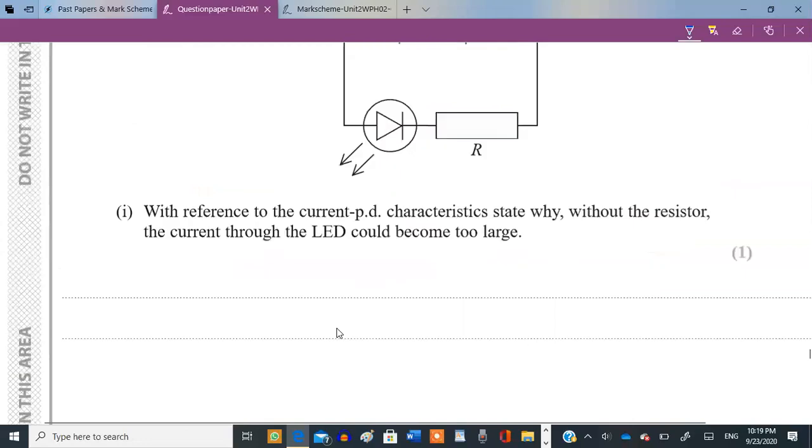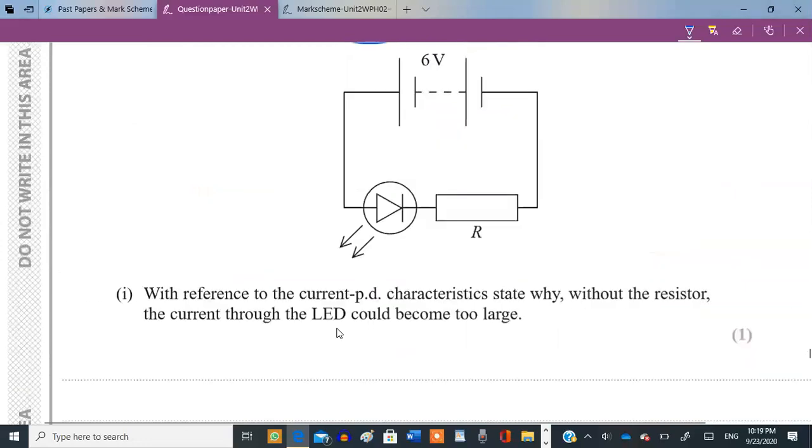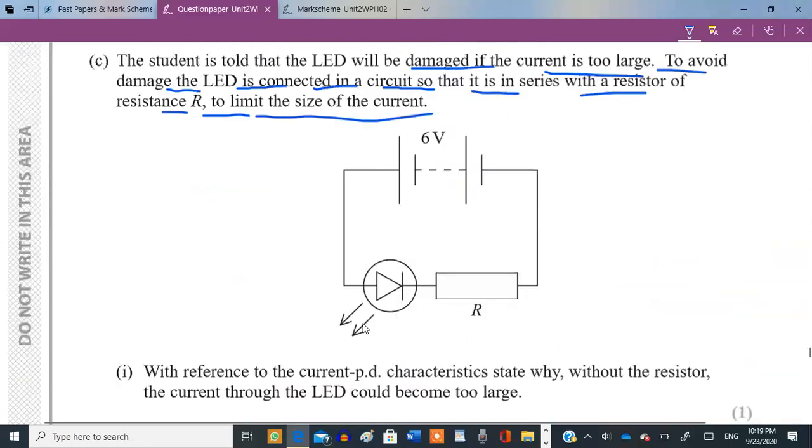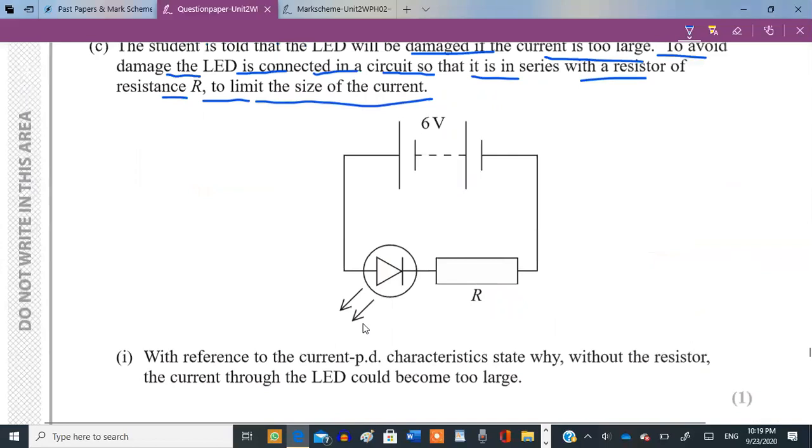Now, with reference to the current potential difference characteristic, state why without the resistor, the current through the LED could become way too large. If there is no resistance, then all the potential difference would be provided to the diode, right?